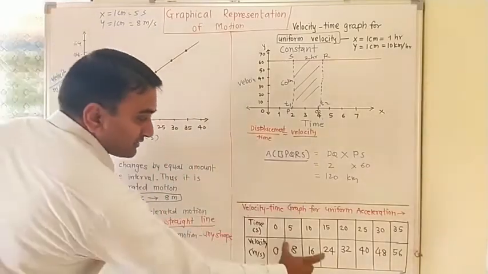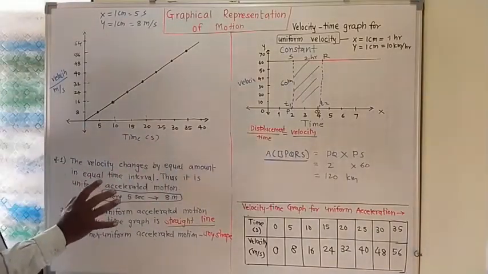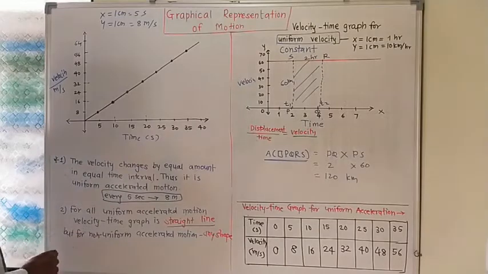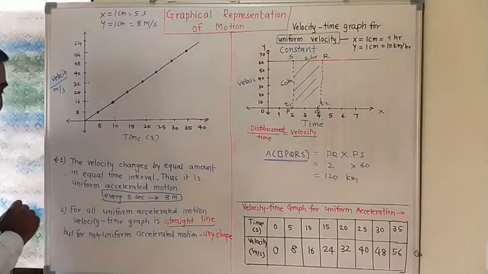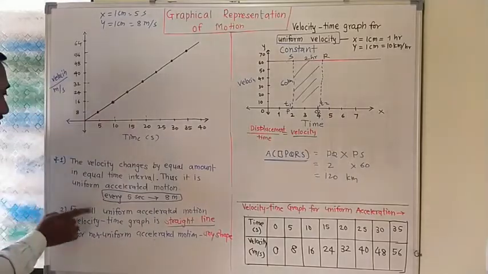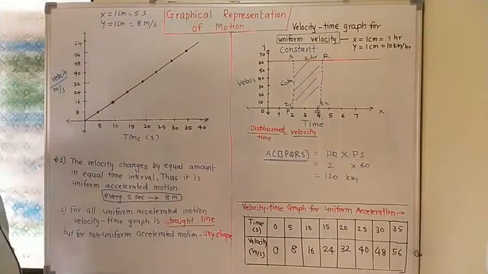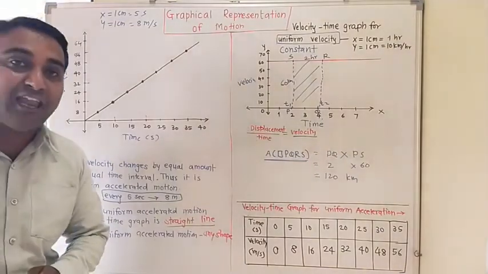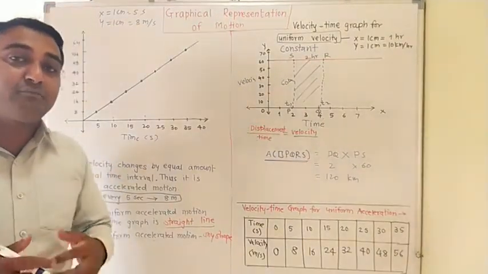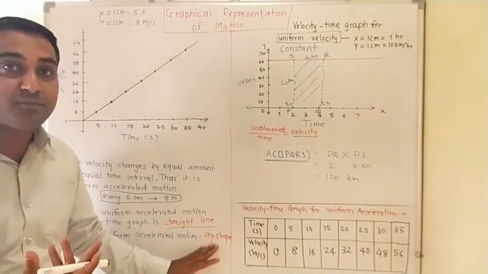And from this graph we got velocity changes by equal amount in equal time interval. Such kind of motion is called as uniform accelerated motion, and for it the velocity-time graph is always a straight line. And for non-uniform motion, we do not have the values, so the graph depends on what kind of values we have, so we can't tell what kind of shape we will get.